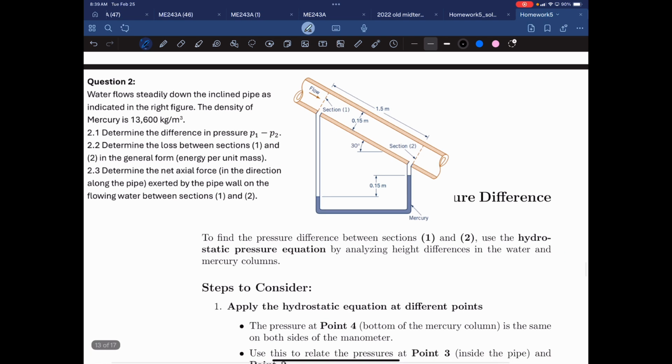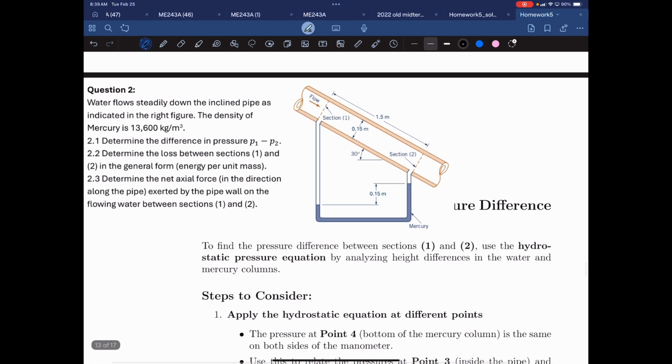With our assumptions, we assume incompressible, steady state, constant g.